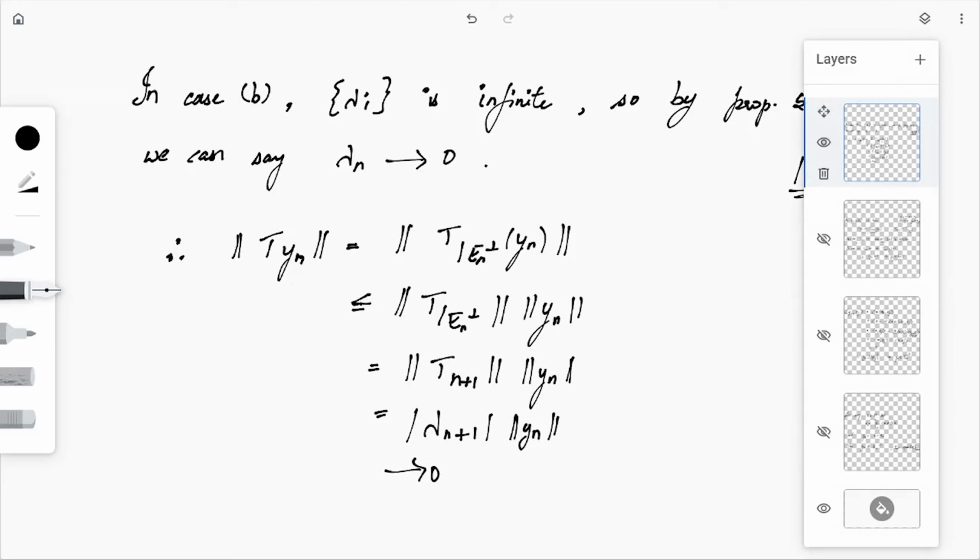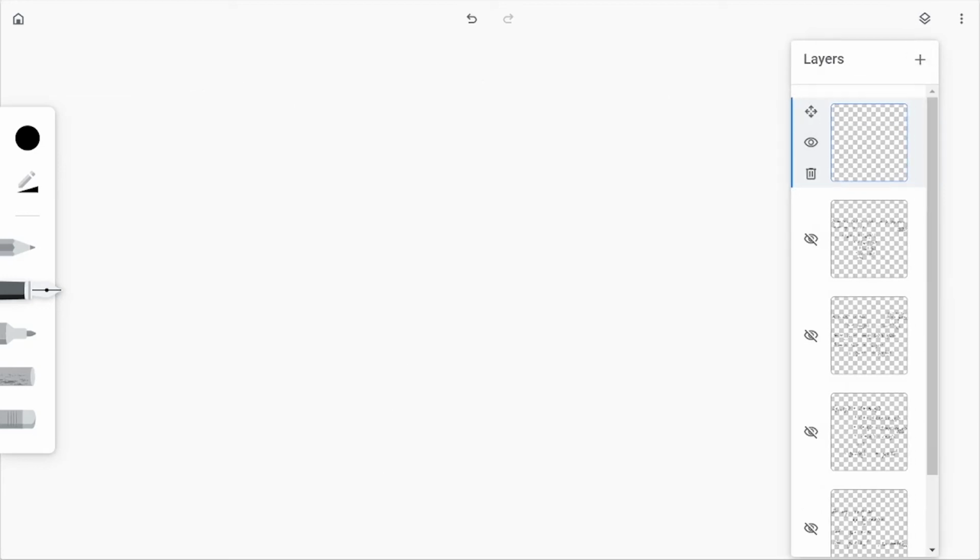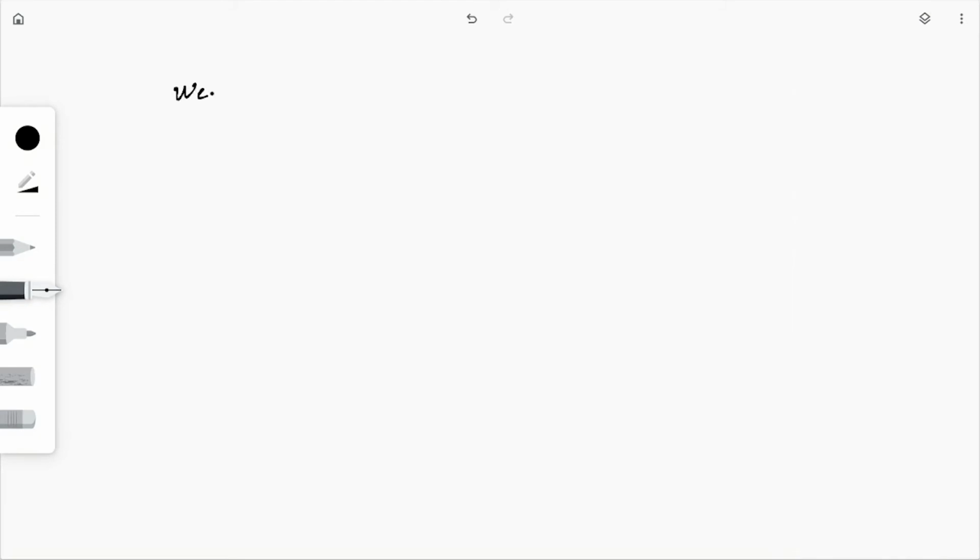Now let's move on to the term yn. We have yn equal to x minus xn. So the limit as n tends to infinity of yn will be equal to the limit as n tends to infinity of x minus xn.